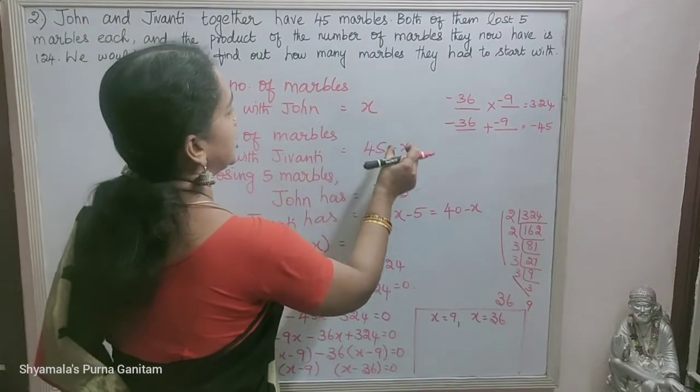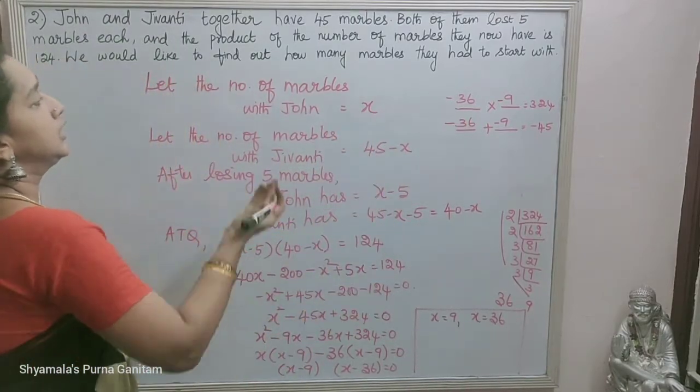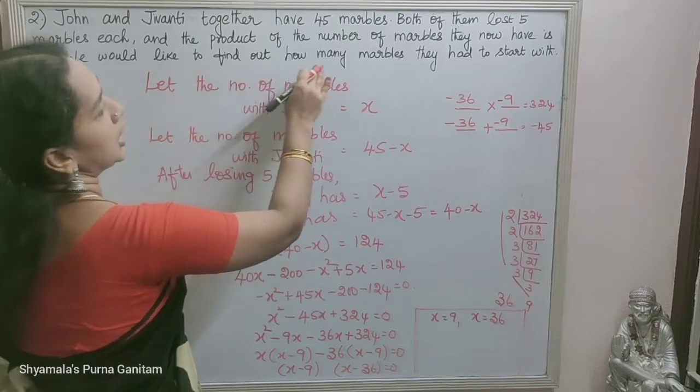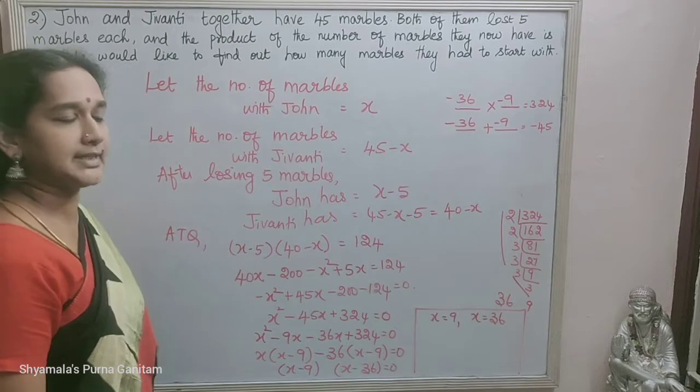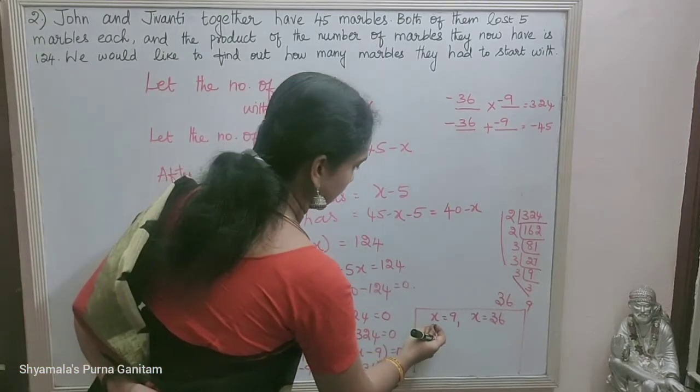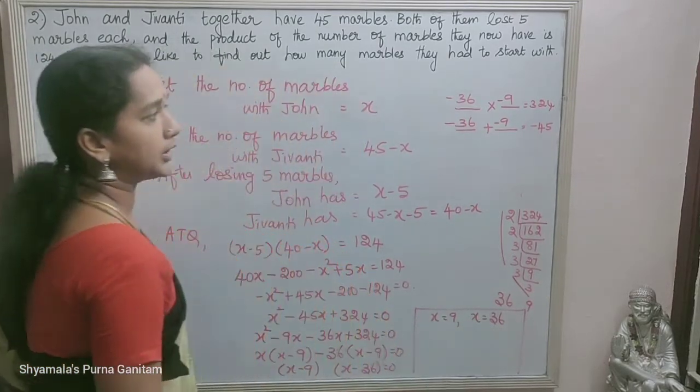I will substitute it here and find out how many marbles they had at the start. In the initial, how many marbles they are having, we can find out with this, that is x is 9 and x is equal to 36.